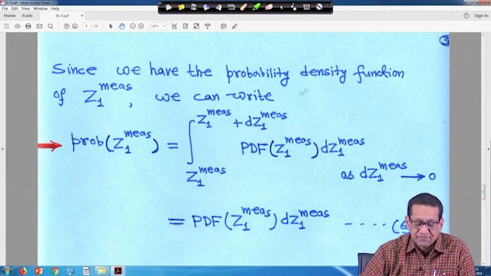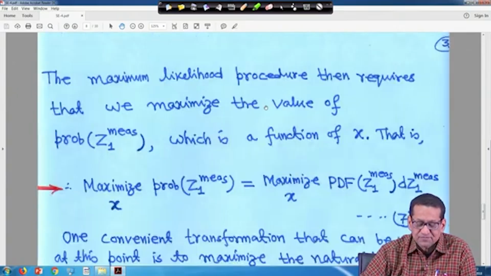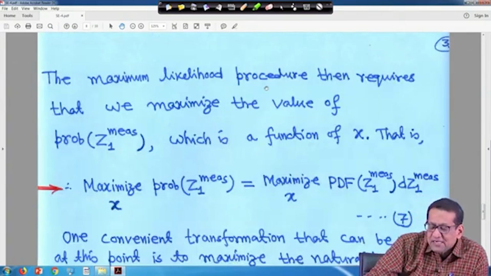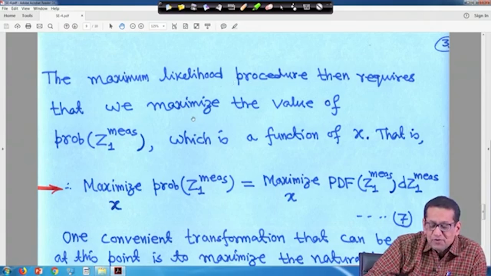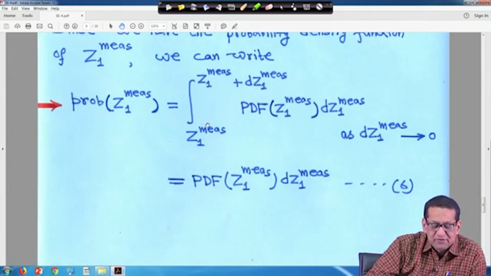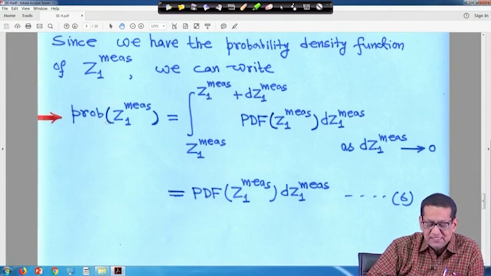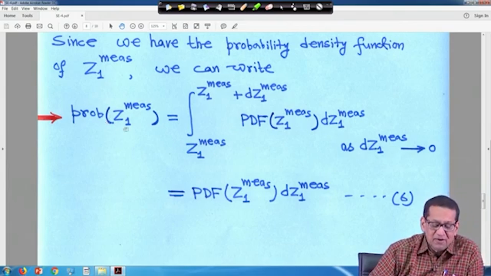So, next, the maximum likelihood procedure requires that we maximize the value of the probability of Z1 measure.